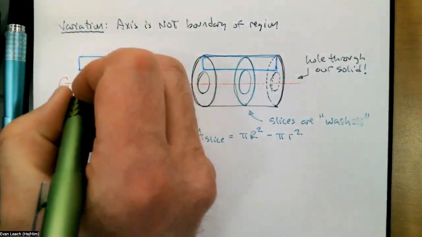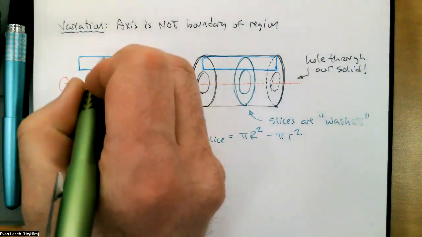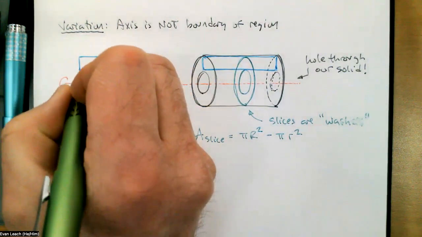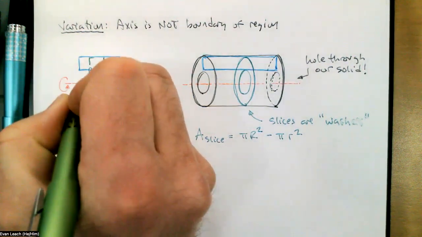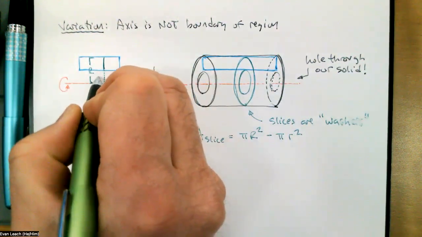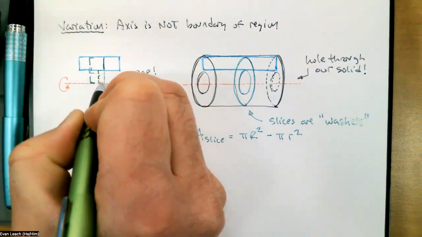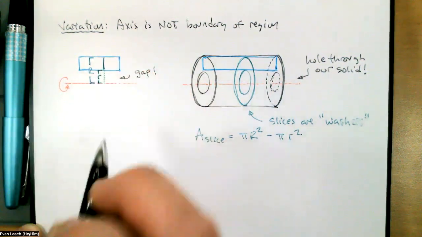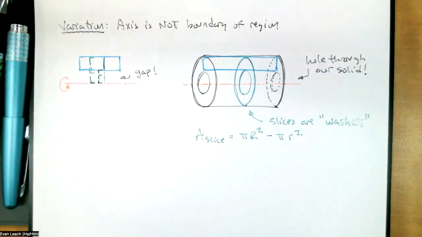Our outer radius is measured from the axis of rotation to the outside edge of our slice. And we're subtracting our inner radius, little r, which is the gap. So subtract the radius of the gap. So in this case, we have an axis that is not a boundary of the region.